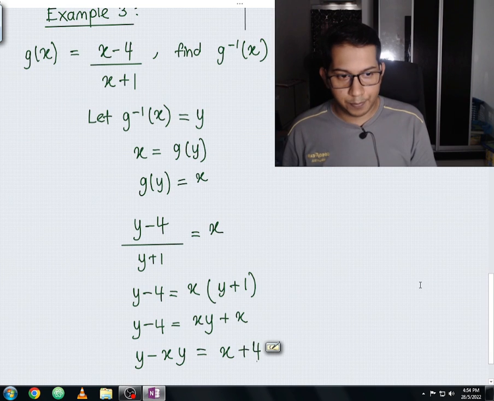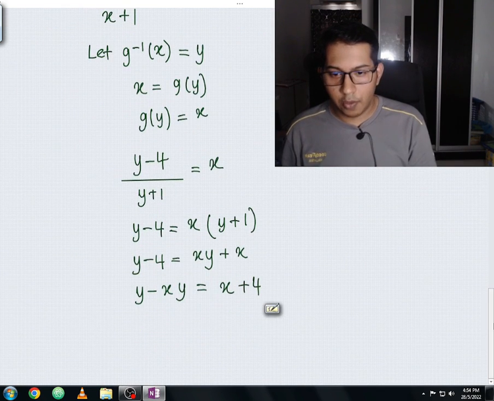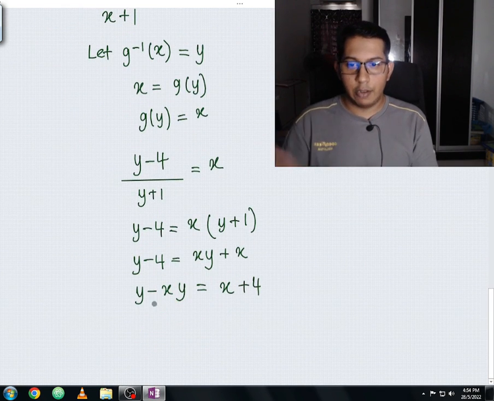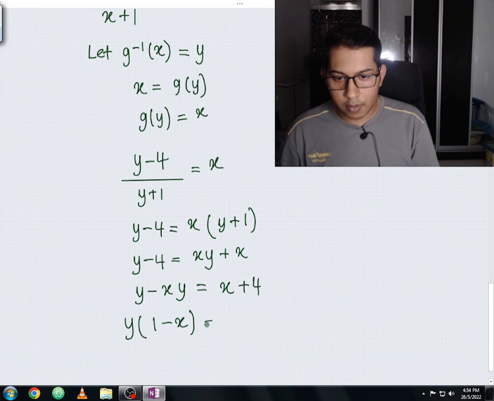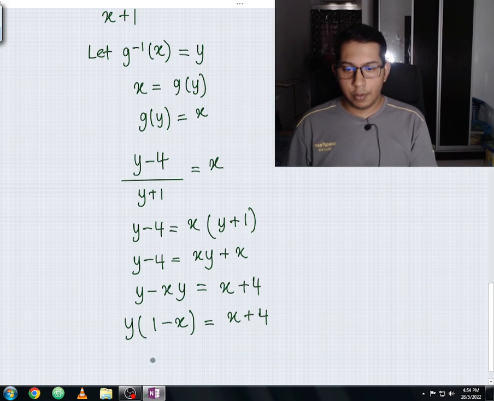From here y minus xy, we factor out the y, so you're left with 1 minus x, equals x plus 4. To find y, we divide x plus 4 by 1 minus x.